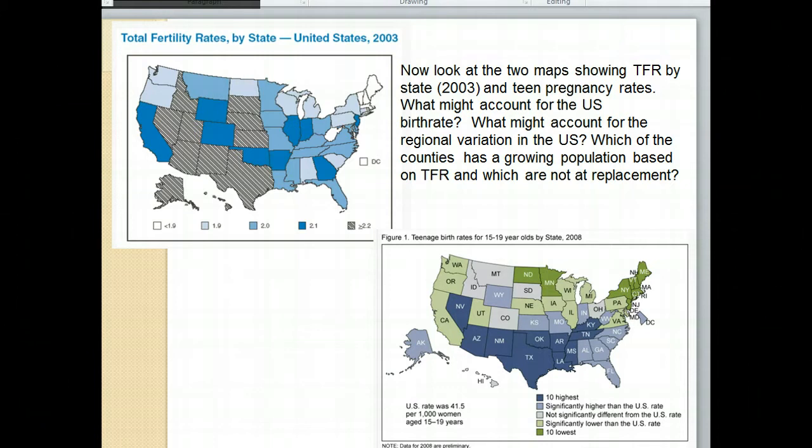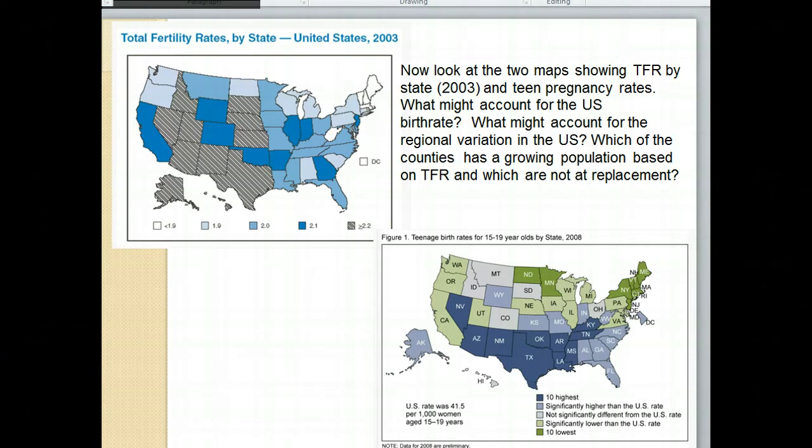I wanted you to look at these two maps and think about what might account for some of the regional variation. So here the West Coast and the northern part of the country has some of the lowest birth rates, and that seems to correlate a little bit with the fertility rate.